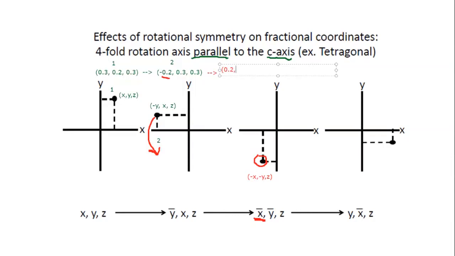We take our previous y value and make it negative, so it becomes negative 0.3.